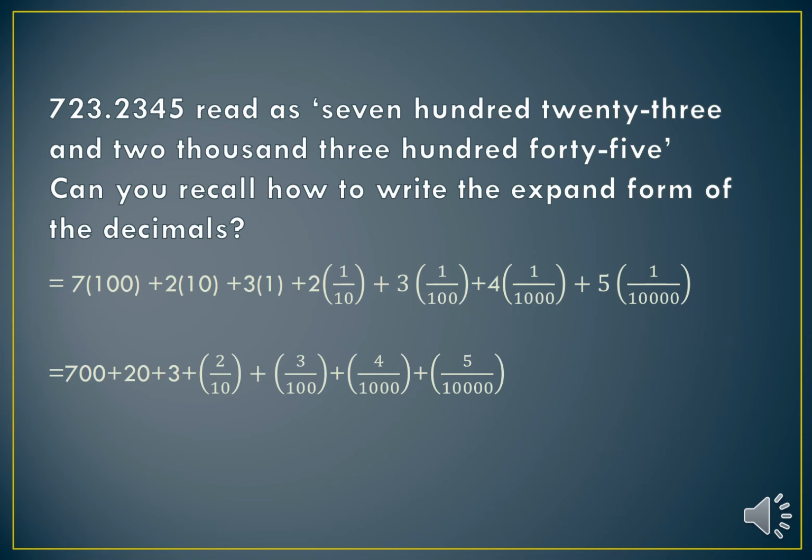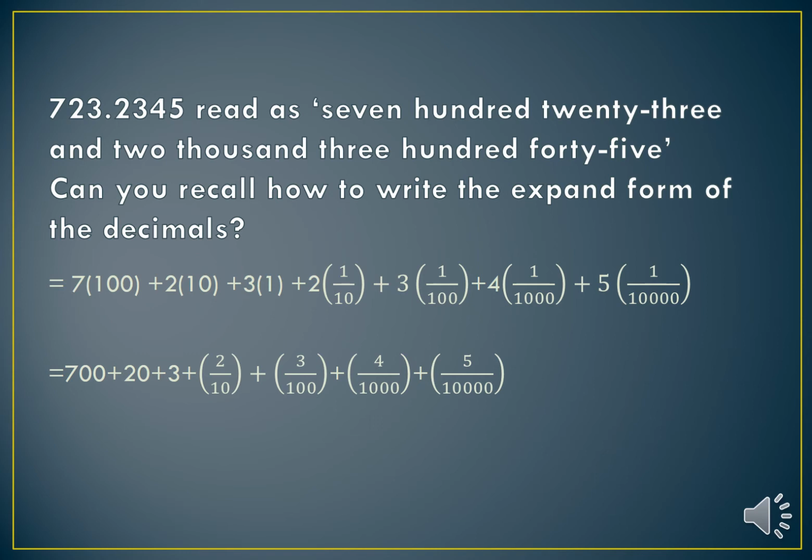Can you recall how to write the expanded form of decimals, or do you know how to write it in expanded form? It must be this way. First we have 7 hundreds, 2 tens, and 3 ones for the whole number.